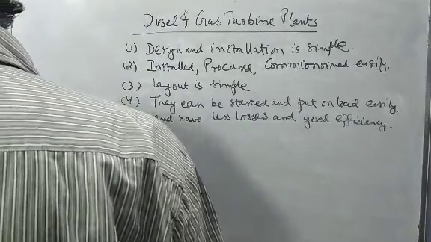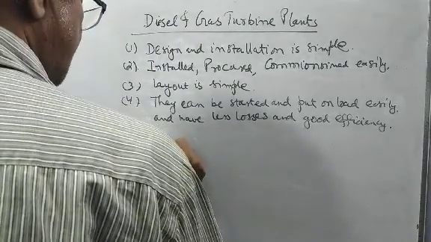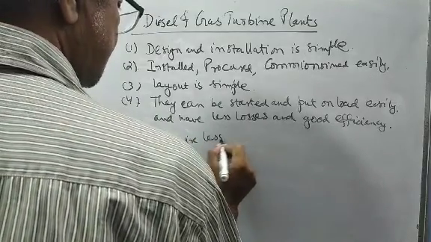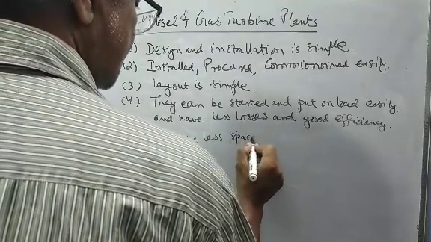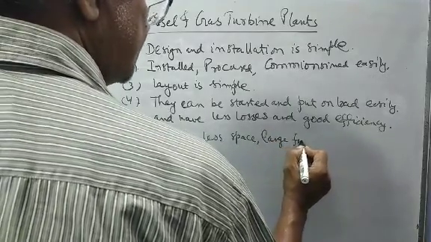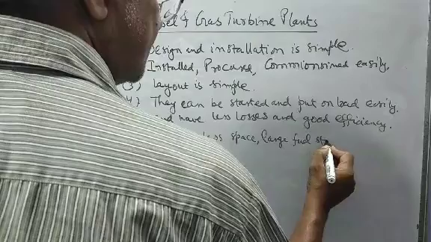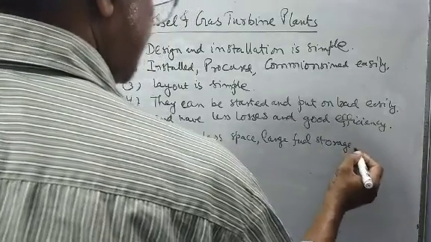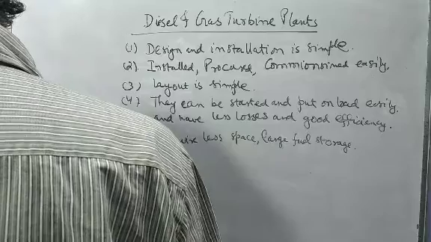Number 5, they require less space and large fuel storage. So these are the characteristics.